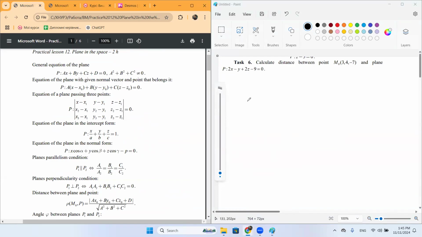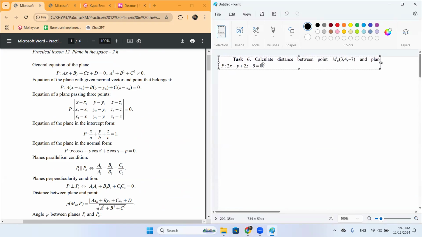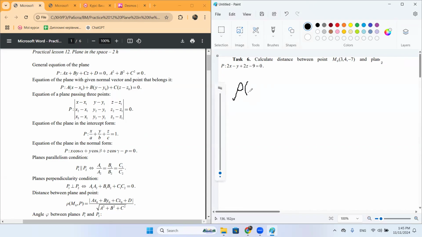We have everything to solve this task, all the information. We have the equation of the plane, we have the normal vector, we have the coordinates of the point, so all we have to do is substitute these numbers into the formula.